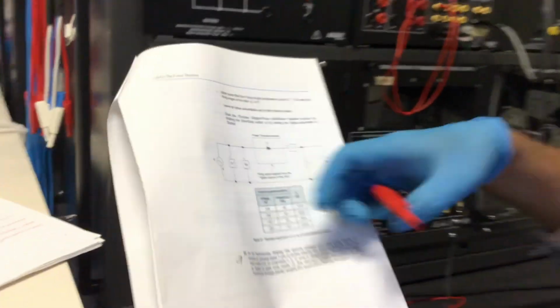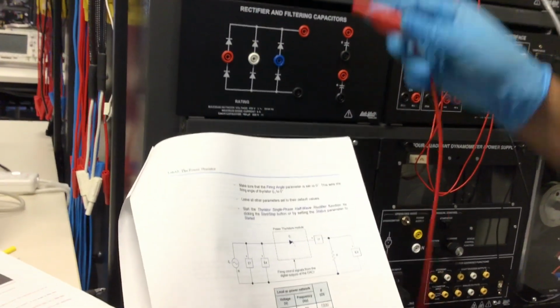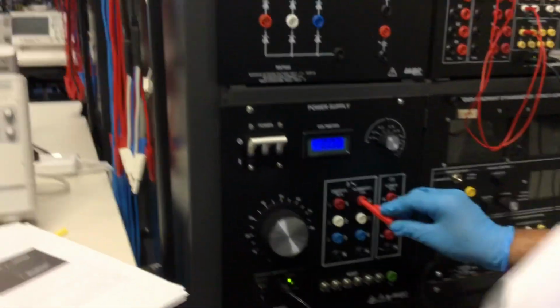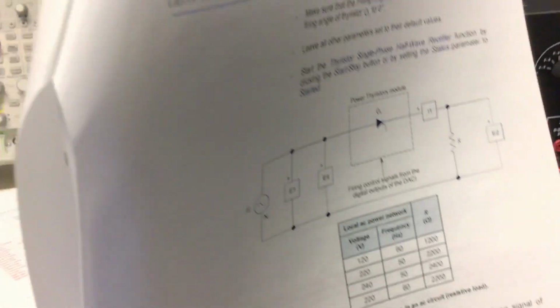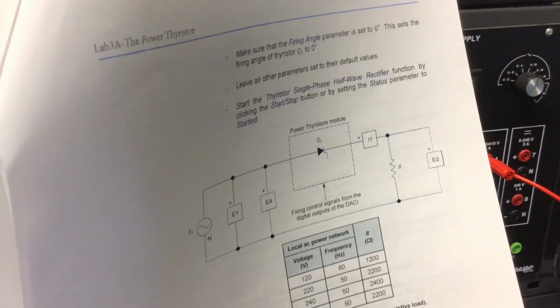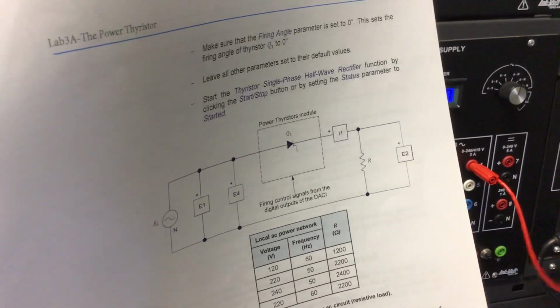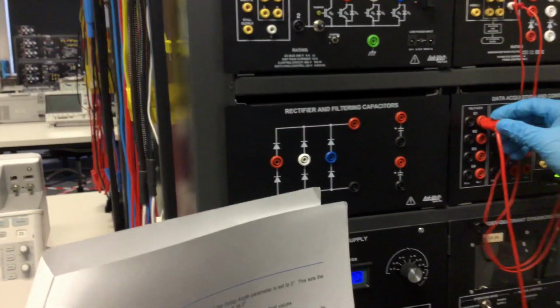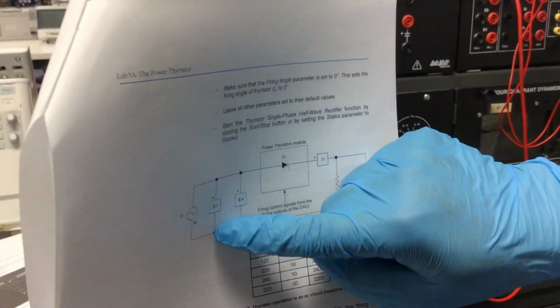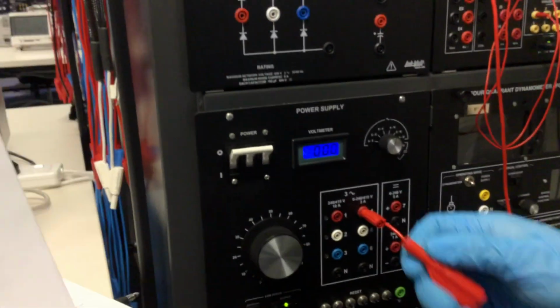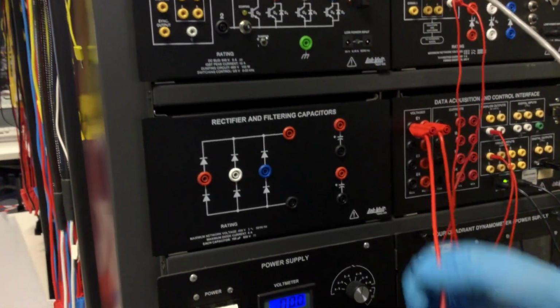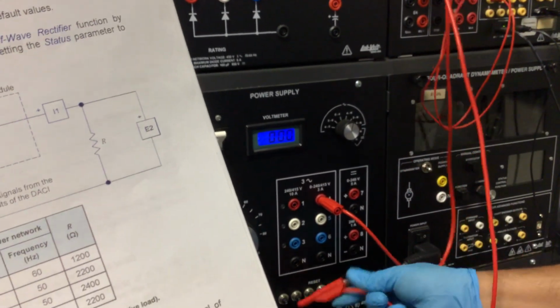First one is ES. We will connect this to supply one. Positive will go to E1. Then E1 goes back to neutral.